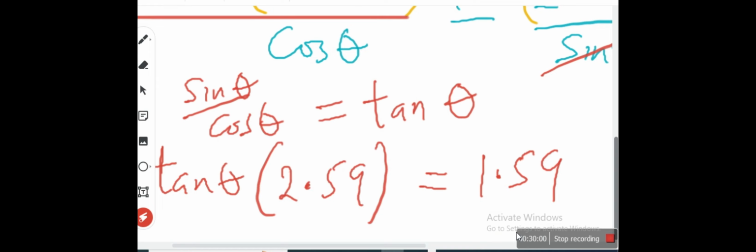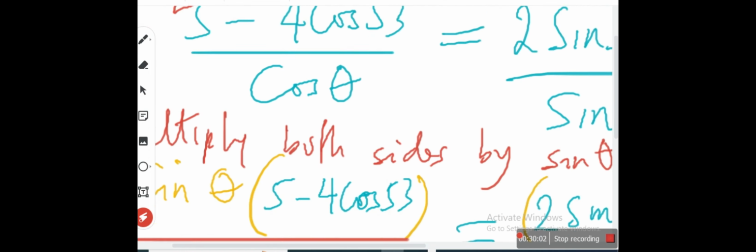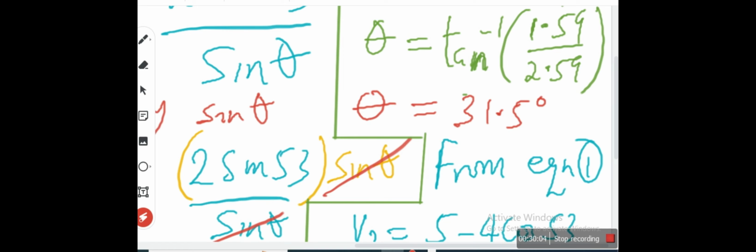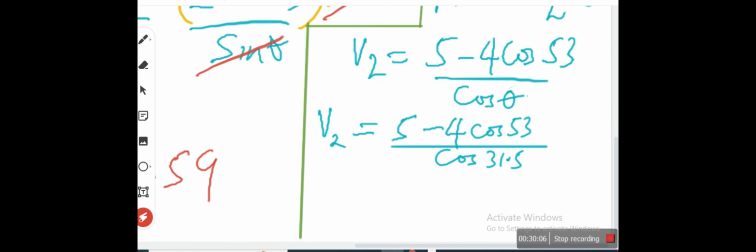If I'm not mistaken, that's what you got, yes. So that would be 2.59 over cos 31.5. Can you solve this quickly?